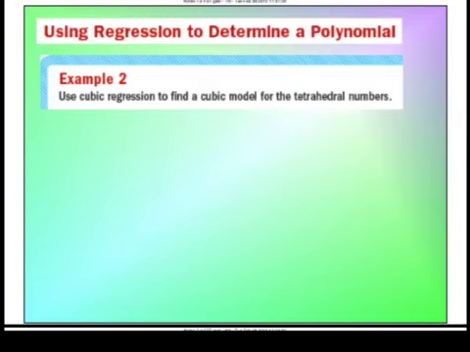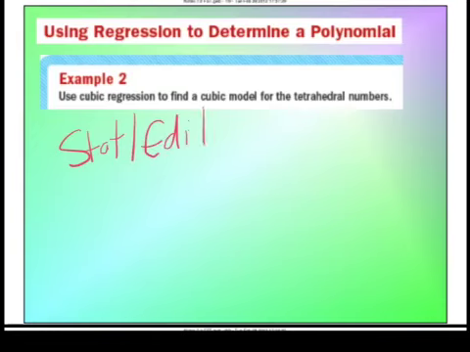Okay, so going to this slide next, here's the scenario. It says use a regression to determine the polynomial for the cubic. Now you had the data, so what you're going to want to do is go into your calculator, go into Stat, Edit, and enter in List 1 and in List 2.